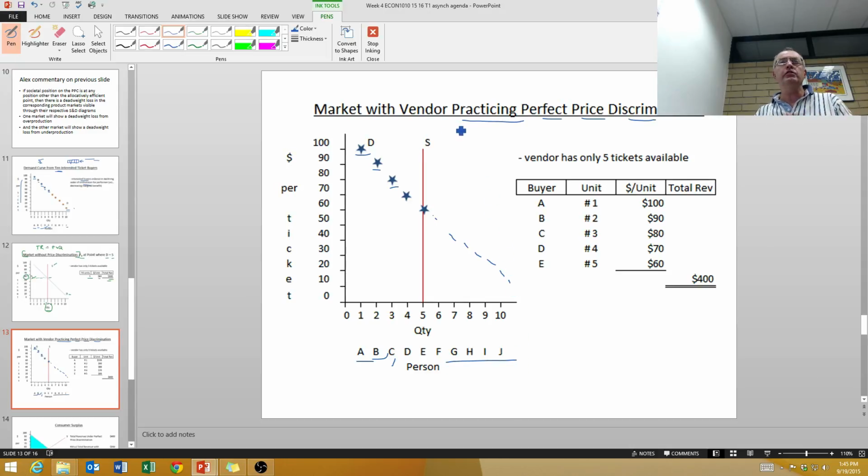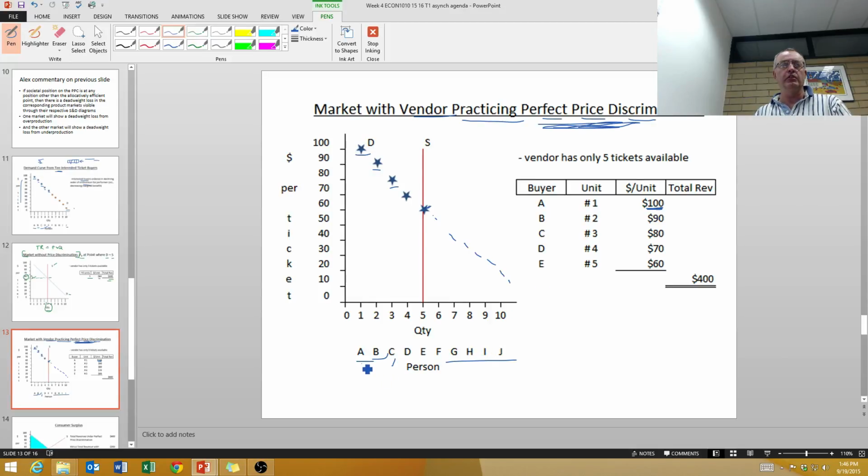So in this situation where the vendor practices so-called perfect price discrimination, the vendor effectively takes advantage of the information that the prospective buyers have provided, and sells the tickets not at the intersection of the supply and the demand curve, but sells each ticket individually to each buyer at the maximum price that buyer was willing to pay.